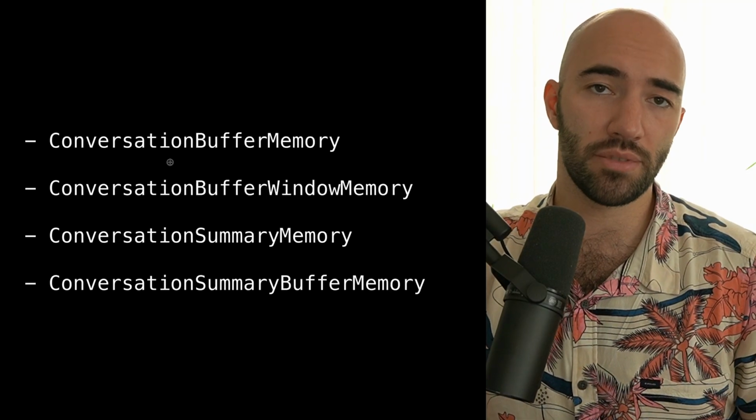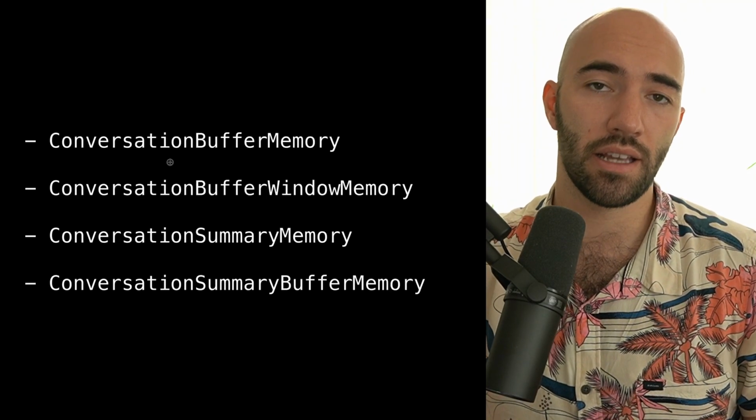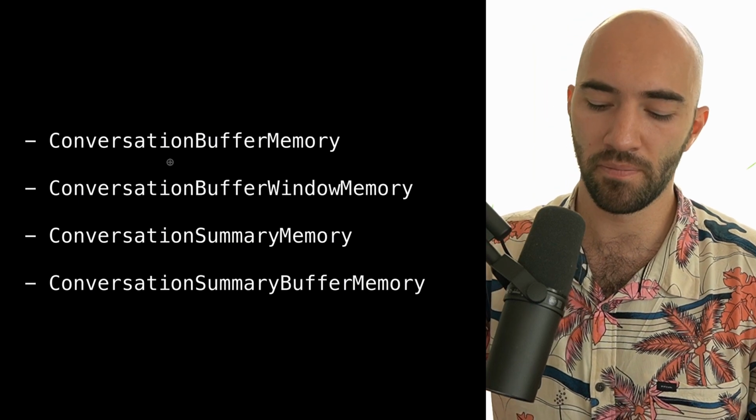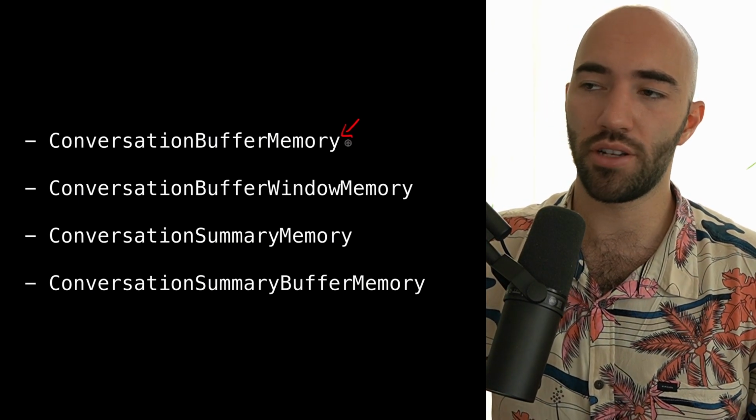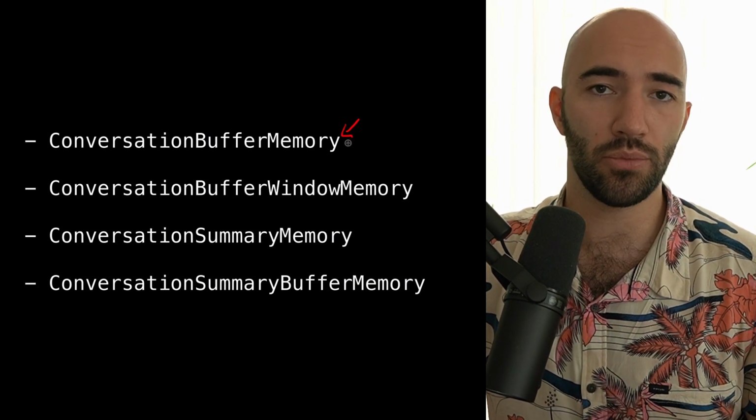And depending on the type of conversation, we might want to go with various approaches to how we remember those interactions within a conversation. Now, throughout this chapter, we're going to be focusing on these 4 memory types. We'll be referring to these, and I'll be showing you actually how each one of these works.